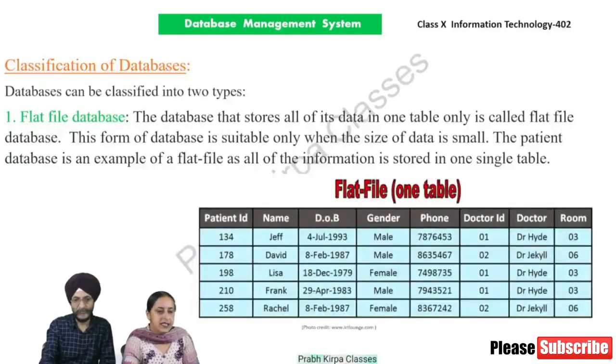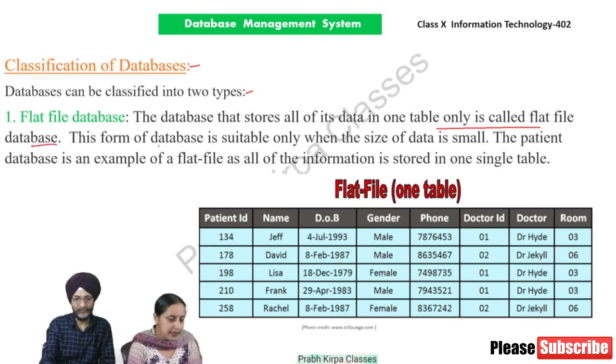Now we discuss classification of databases. Databases are of various types, but as per our level of study, that is class 10, databases can be classified into two types. Number one, flat file database. The database that stores all of its data in one table only is called flat file database.